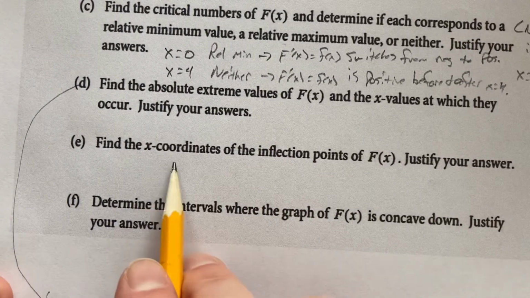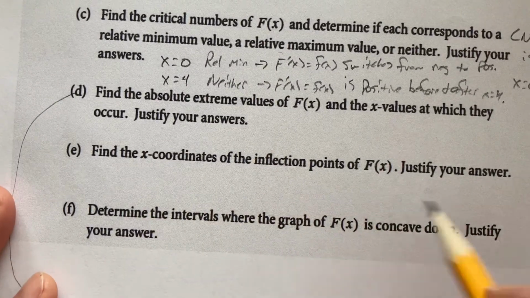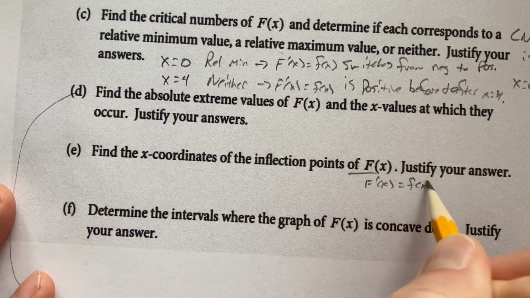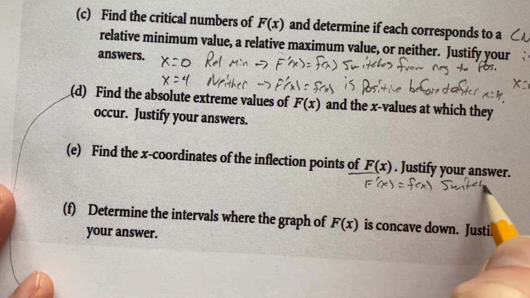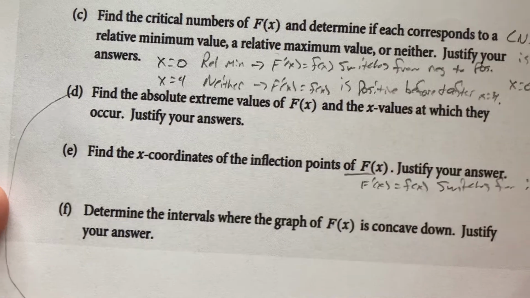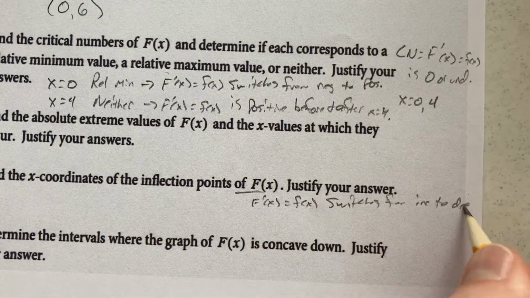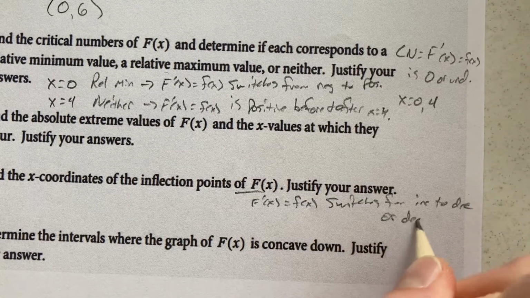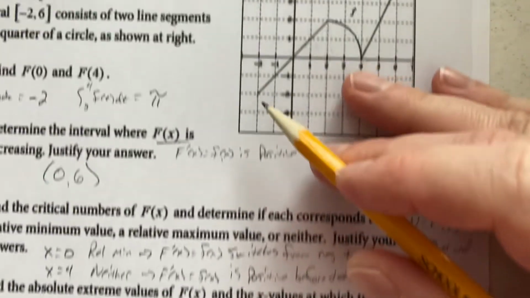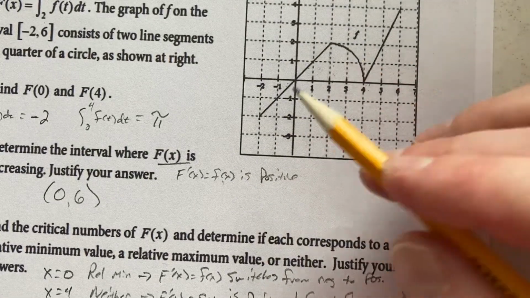Now, find the x-coordinates of the inflection point. So an inflection point is when our derivative, which is little f, switches from increasing to decreasing or decreasing to increasing. When the derivative is increasing, our original function is concave up.